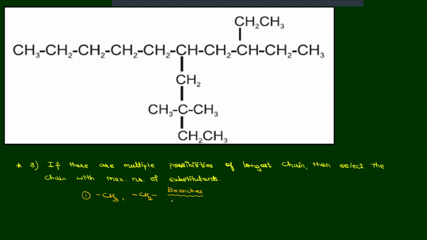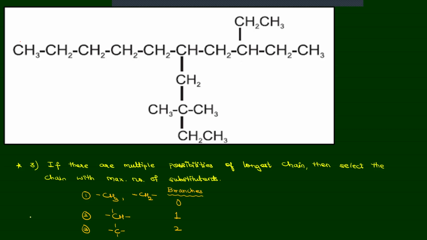Did they have any branches? No branches. So I will call it 0. Then when I come across a CH wala carbon, you will count it as 1 branch, and a C wala carbon, you will count it as 2 branches.